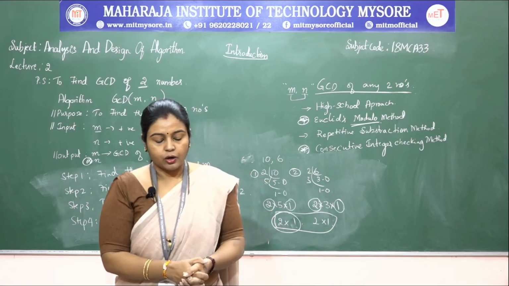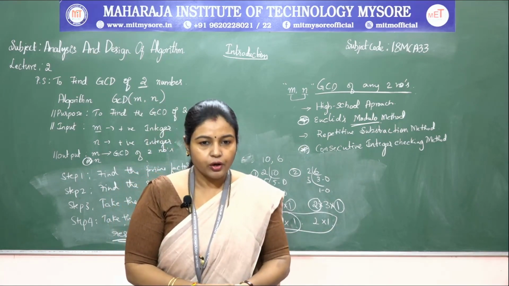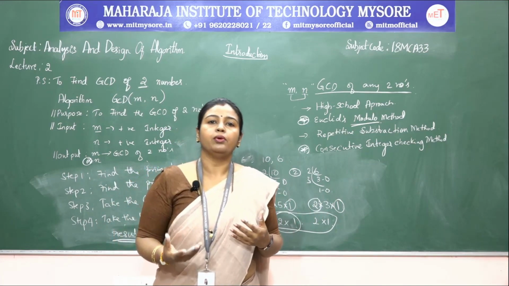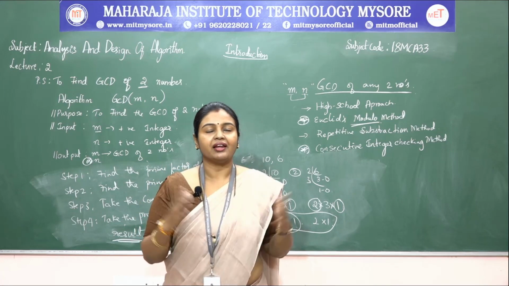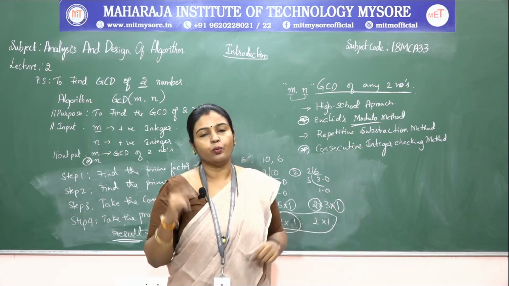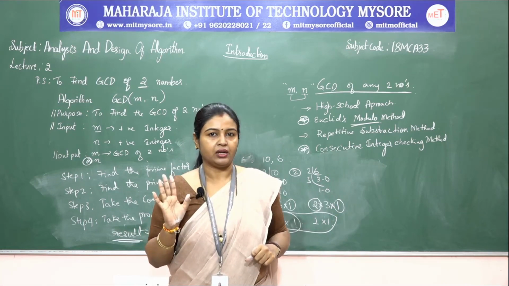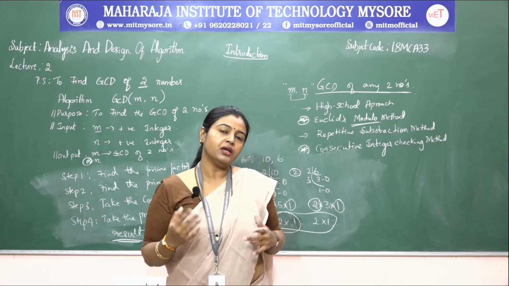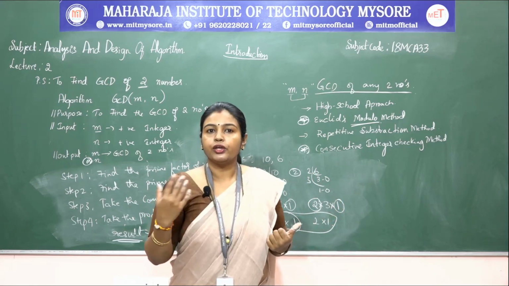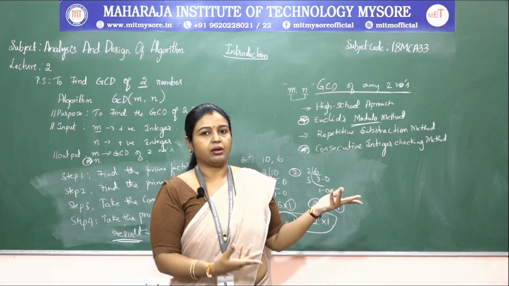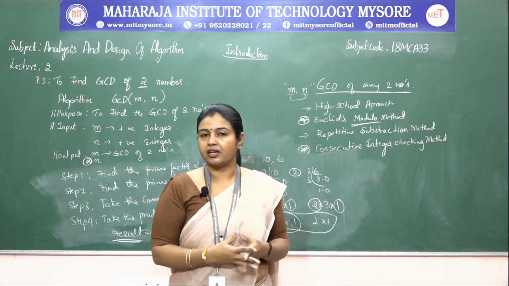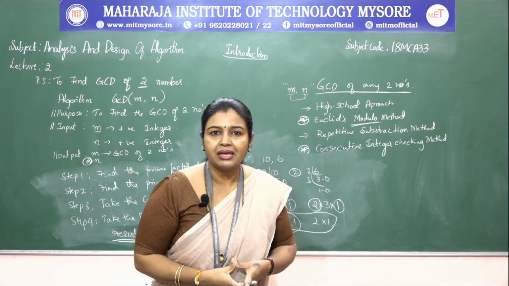So according to the characteristics of an algorithm, for any one problem we can have multiple solutions. Among multiple solutions we need to get a better one. So how are you going to get the better one? Based on this analysis. So the number of iterations we have performed, based on that we conclude which algorithm is better.